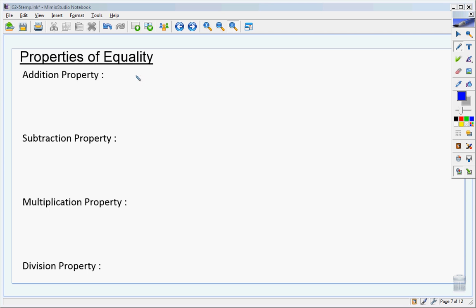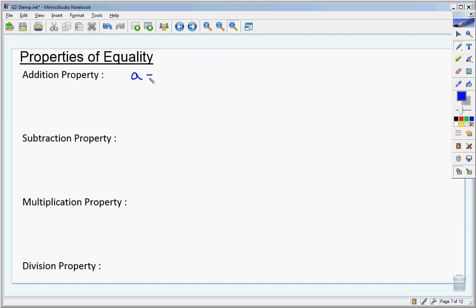So if you had a statement that said A is equal to B, the addition property of equality says A plus C is equal to B plus C. And you can see that what I added to one side of the equal sign, I added the exact same thing to the other side. You use that property all the time when you're solving an algebraic equation. We're just going to make you put a reason beside it. What did you do?